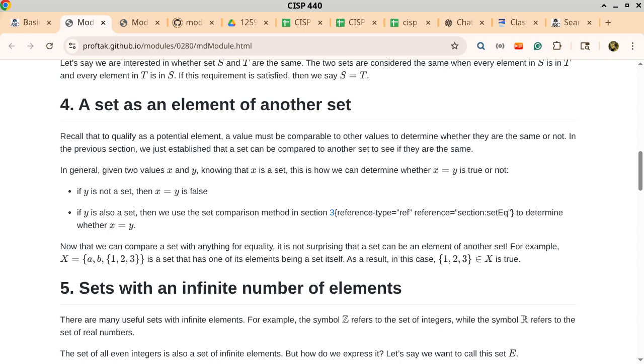Let me ask you the first question first. How many elements does X have? 3 is correct. In other words, X has 3 elements. A is an element of X. B is an element of X. The entire set that has 1, 2, 3 is one element of X.